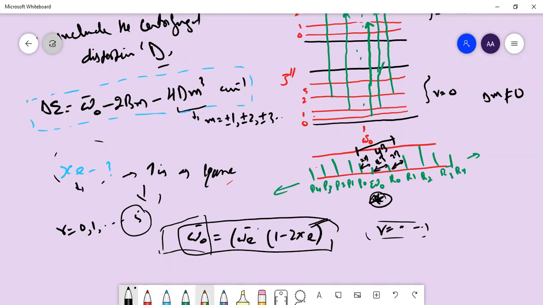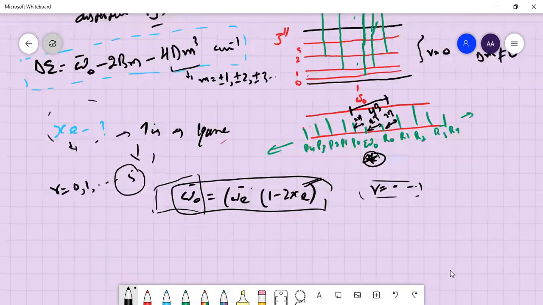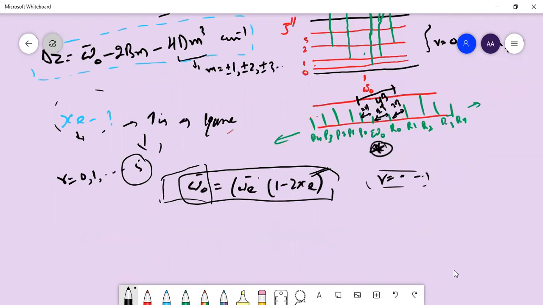And the second point here is to note that if you extend the selection rule, where delta v is equal to plus minus 2, plus minus 3, and so on, the value of this Xe allows the appearance of overtone bands having identical rotational spectrum.